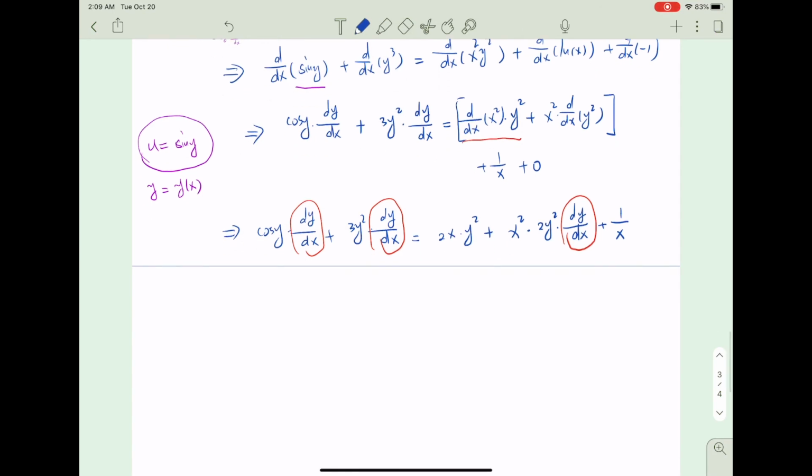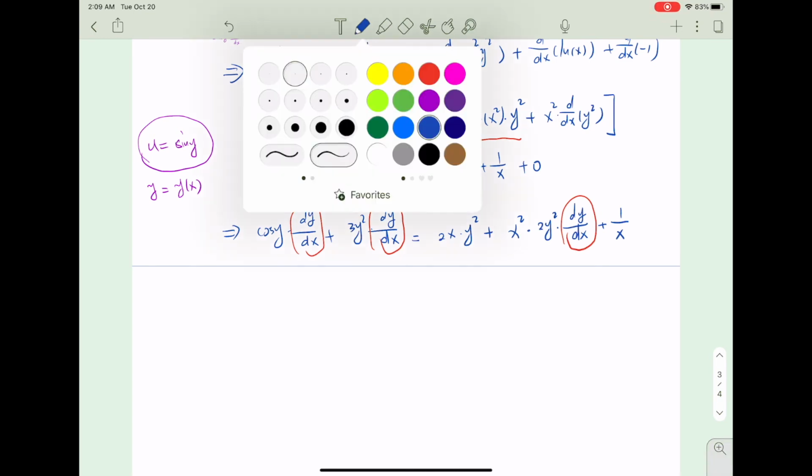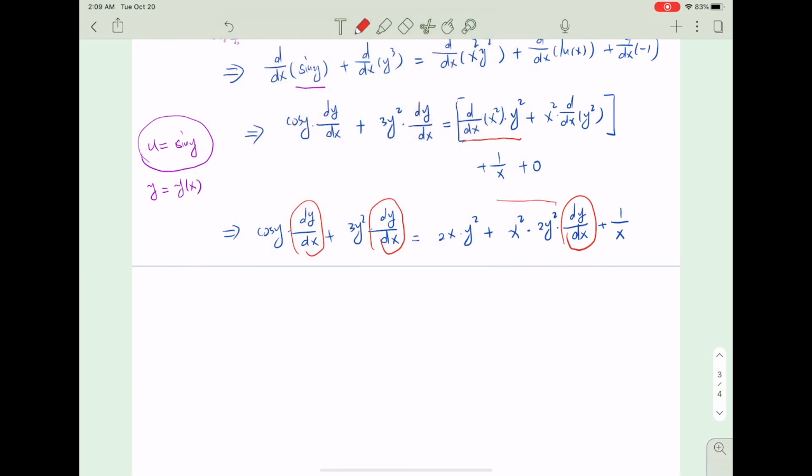So for this red circle here, you will view this as x and solve for x. Since we're solving for this, we need to move everything that has this factor to the left hand side. So I'm moving this red circle to the left hand side here.